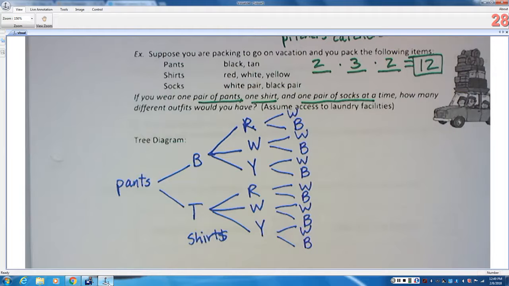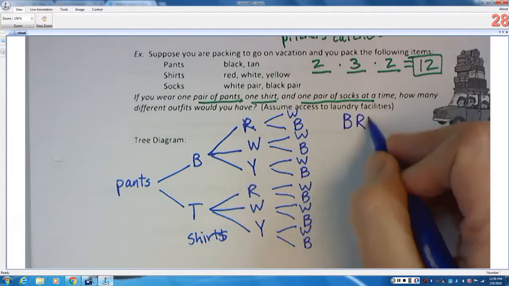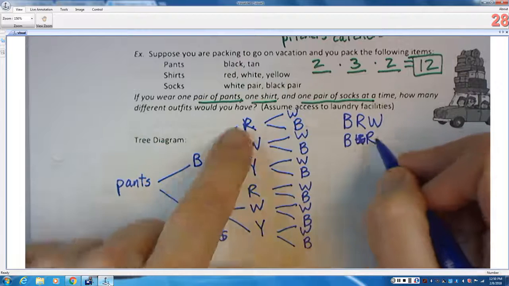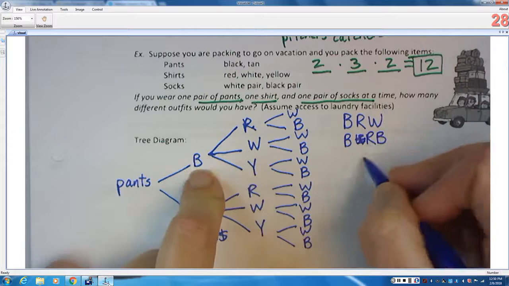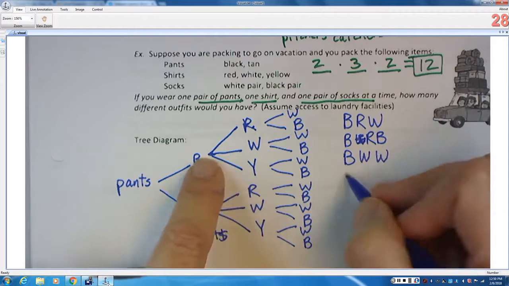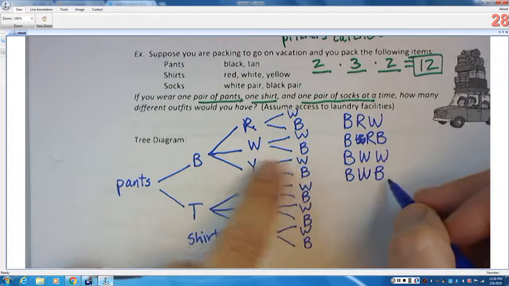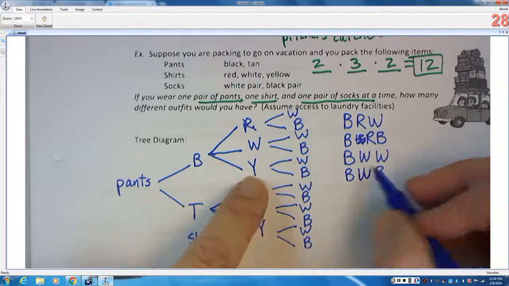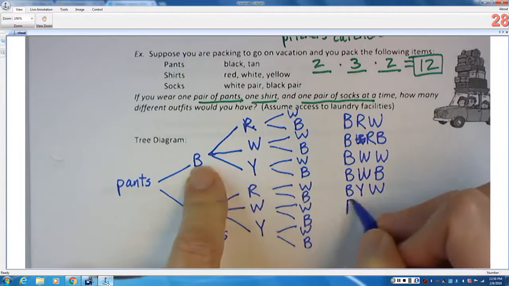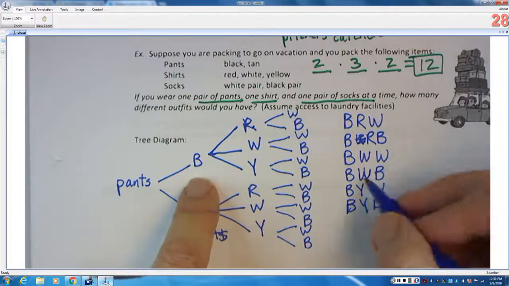So you could write the sample space this way: black, red, white; black, red, black; black, white, white, and so on. Then black, yellow, white, and black, yellow, black there, and that's the first 6.